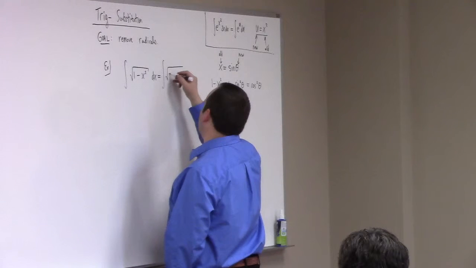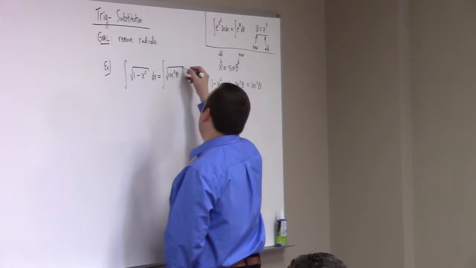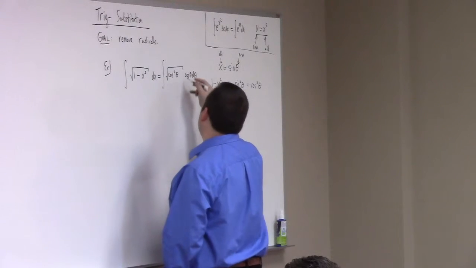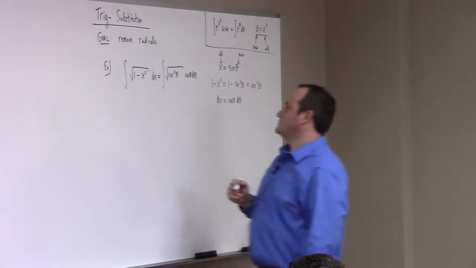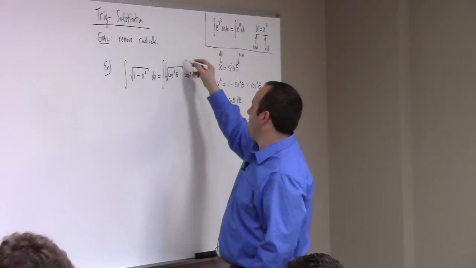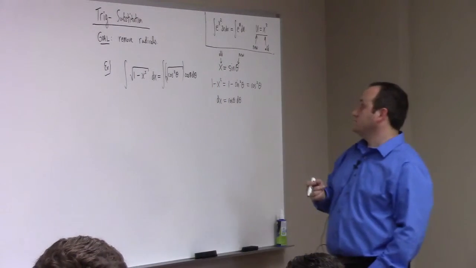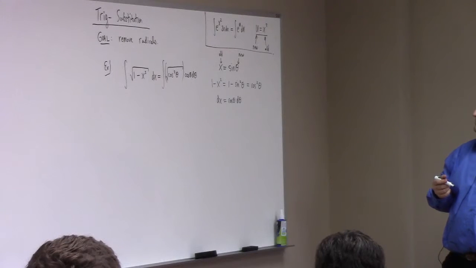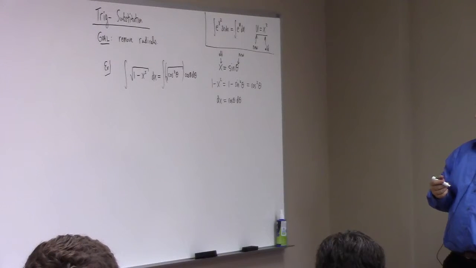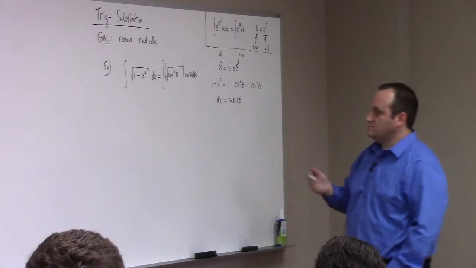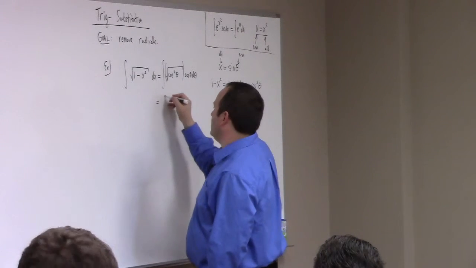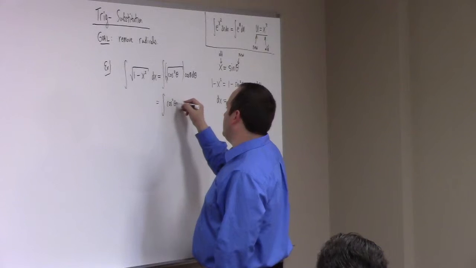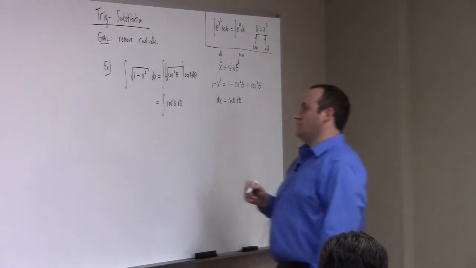Square root of cosine squared theta. And then dx was what? Cosine theta d theta. But the square root of cosine squared is just cosine. So I got cosine times cosine. I got cosine squared theta d theta, like so.